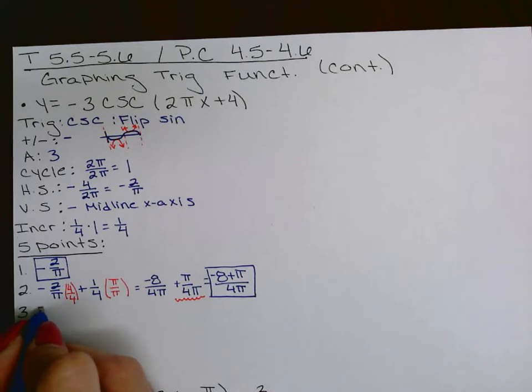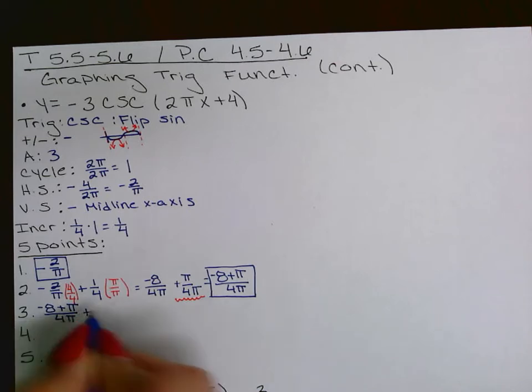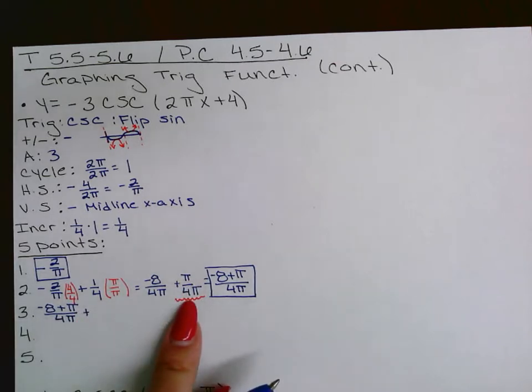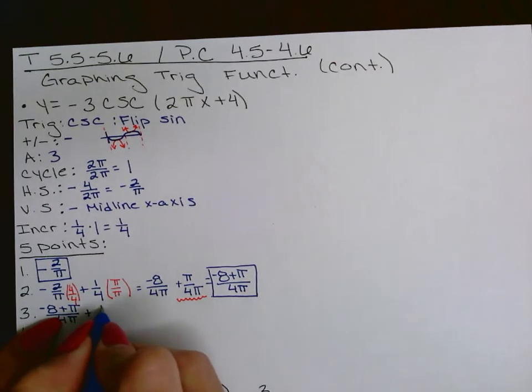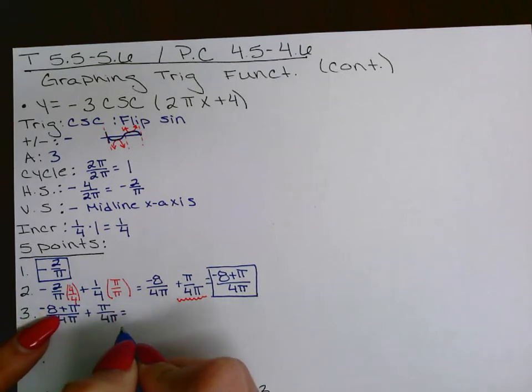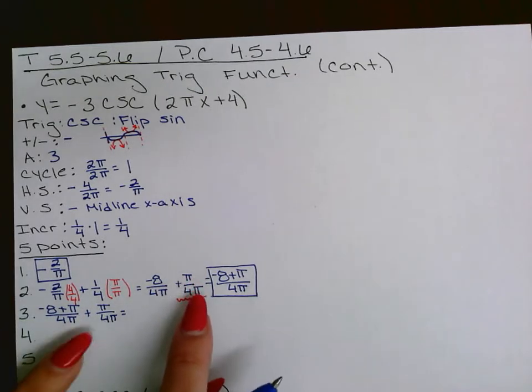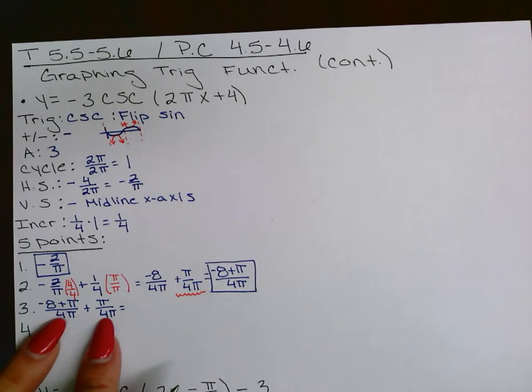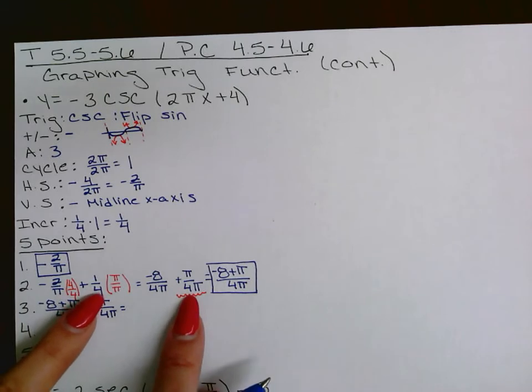Now, previous point, negative 8 plus pi over 4 pi. I'm going to add another pi. So if I add another pi to this, what do you think that numerator is going to look like? Exactly, negative 8 plus 2 pi over the 4 pi. So I'm adding pi over 4 pi, which is my increment.